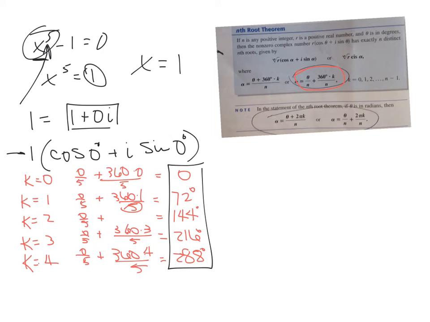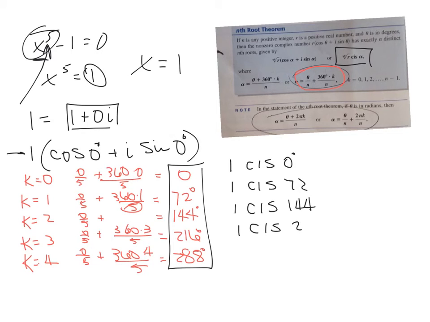So I get, for my answer, in this form, 1 cis 0, 1 cis 72, 1 cis 144, 1 cis 216, 1 cis 288.